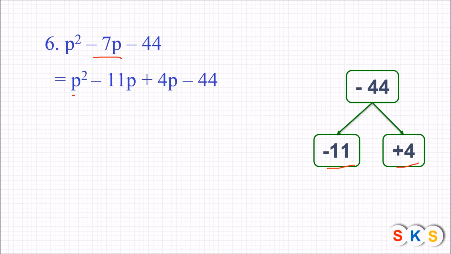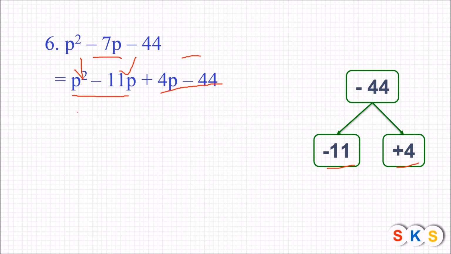This is your first group of the binomial and this is your second group of the binomial. Now we will take the common in the first group, right? Here the first term is p square. P square you can write as p into p, and 11p you can write as 11 into p. So the common in the first group is p. The common between the two terms of the first group is p.